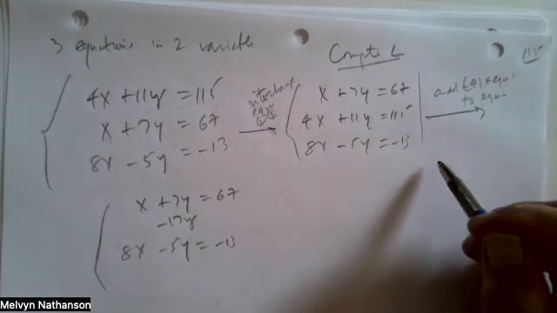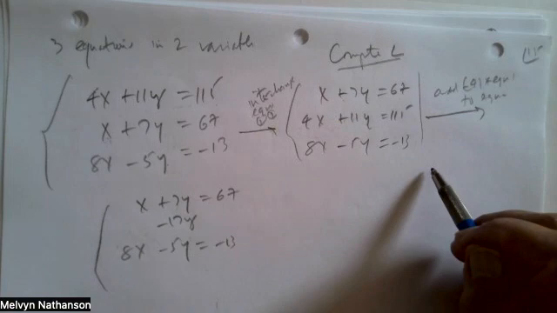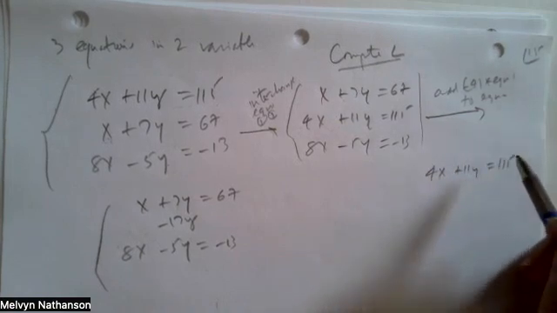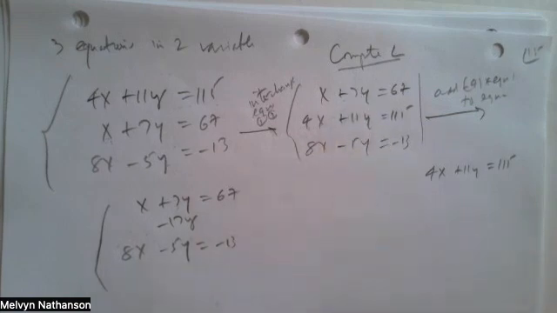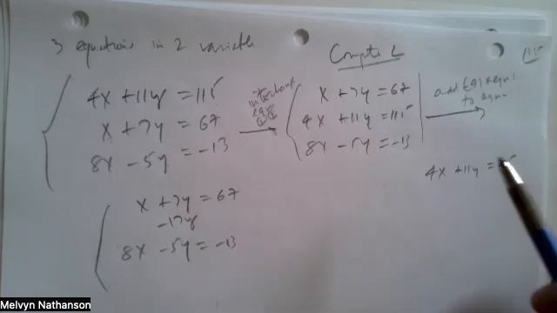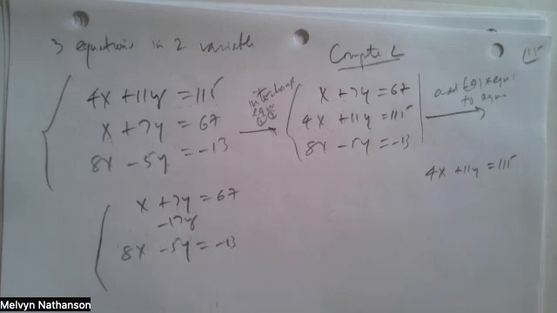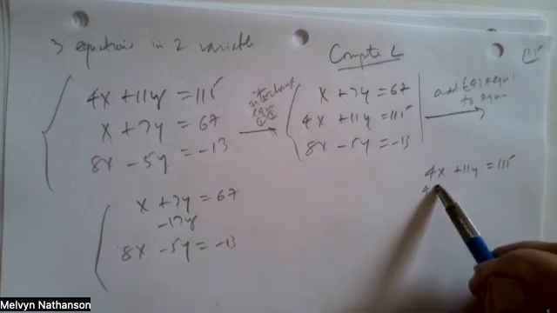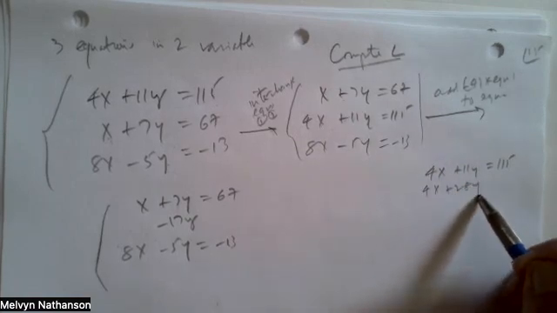Actually, let me just write this out exactly. So I have, this is my second equation, 4x plus 11y equals 115. Multiply the first equation by 4. I get 4x plus 28y.